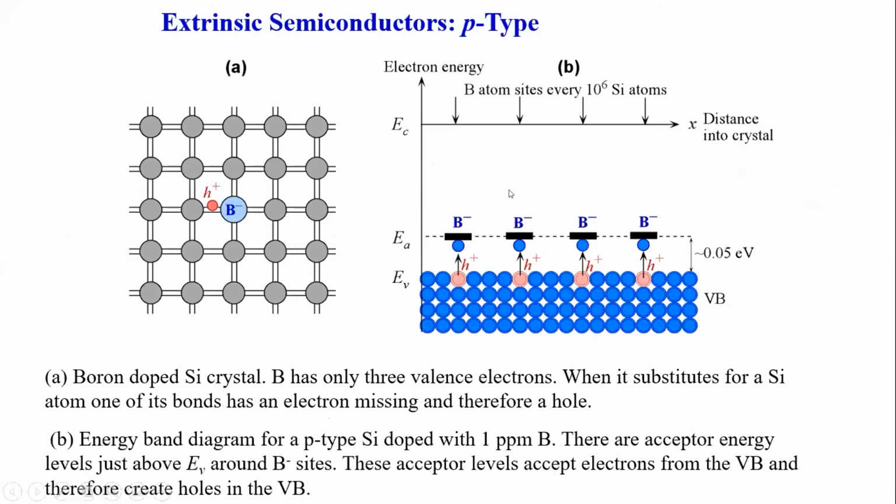The same thing you can go for P type too. In the P type, I have to add an extra atom which has fewer valence electrons than silicon. Say I take boron. Boron has 3 valency, so when you add it, it can't complete the bonding.